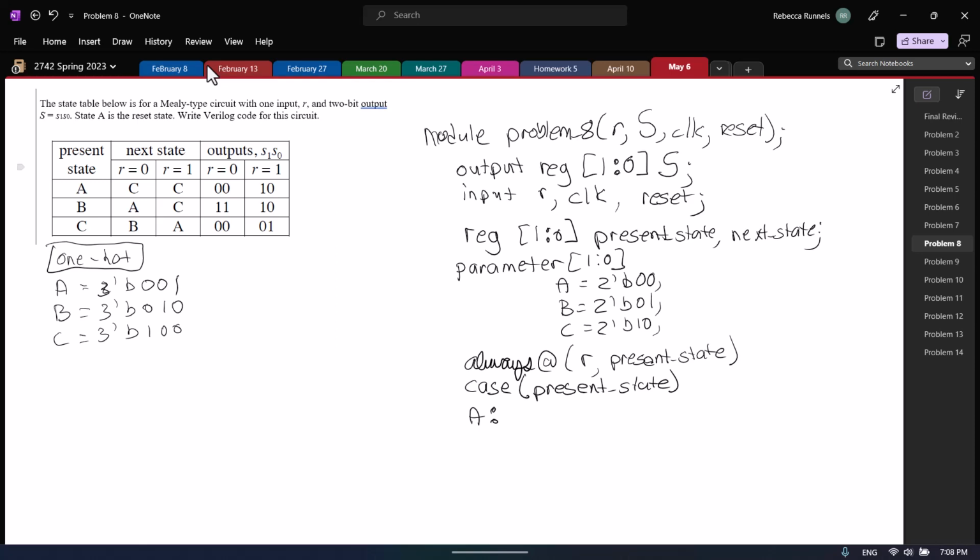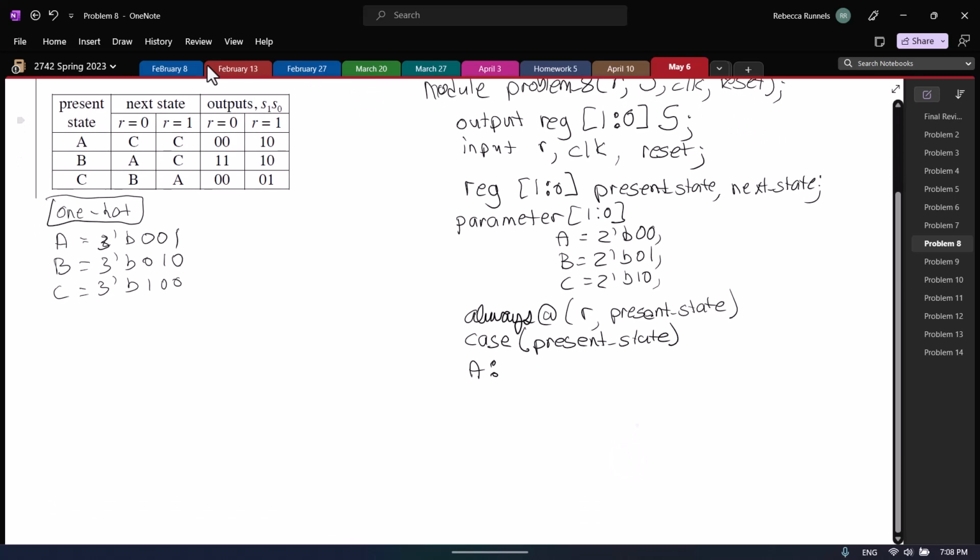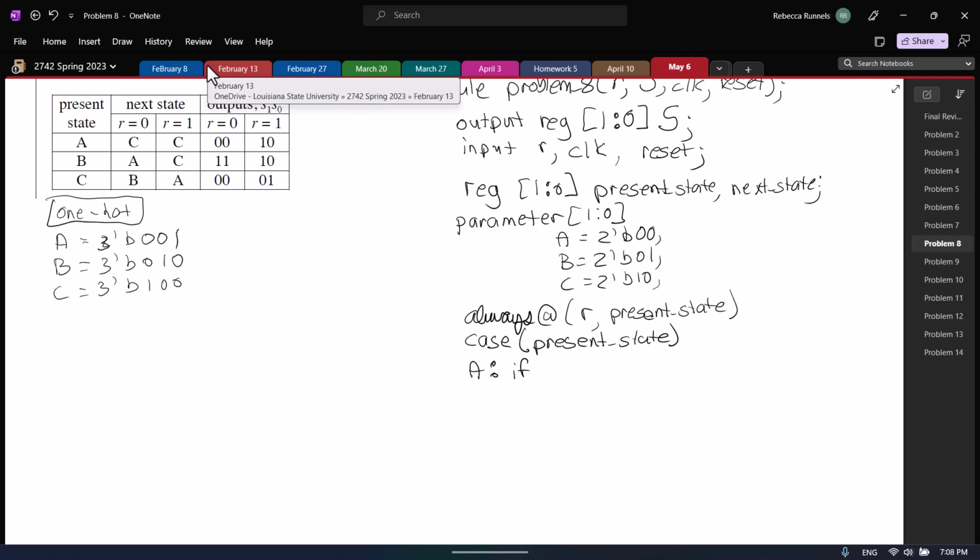I have different outputs based on my input, and so I am going to go ahead and give my outputs here as I go through on each state. So if R is 1, begin, then the first thing I'll do is I'll say my next state, according to my table, if I'm in A and R is 1, my next state should be C.